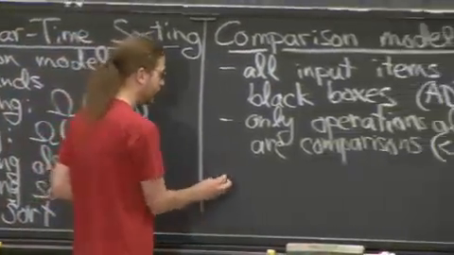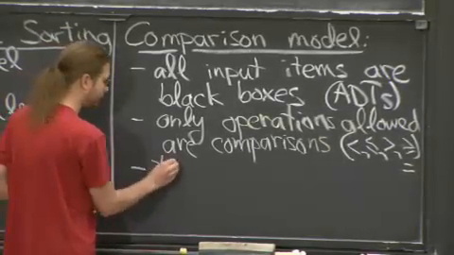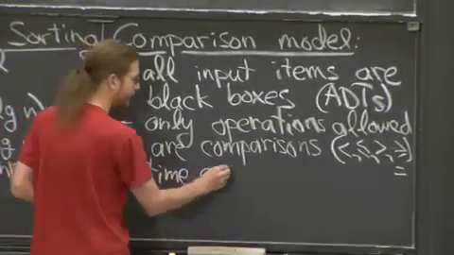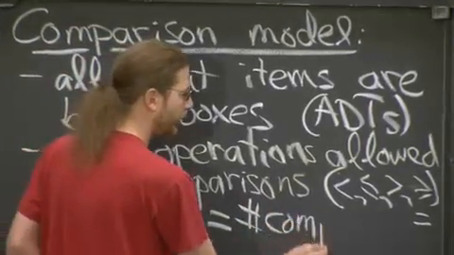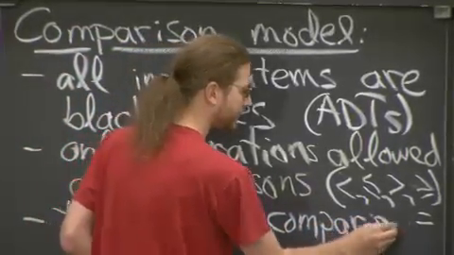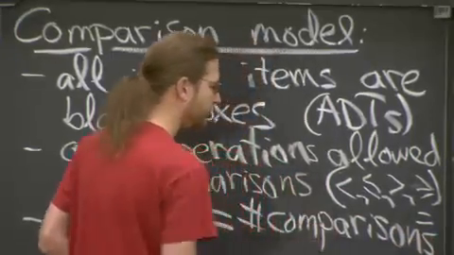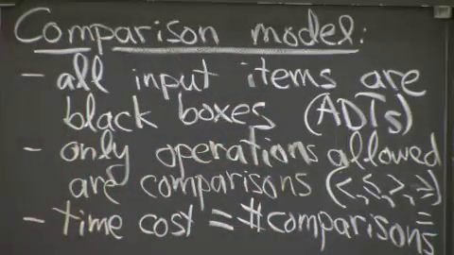That's the plan. I should also define the cost of an algorithm. Time cost is just going to be the number of comparisons. This is the weird part, I guess, of the model. So in everything we've done so far, we've been in, I guess, pointer machine or RAM, either way.